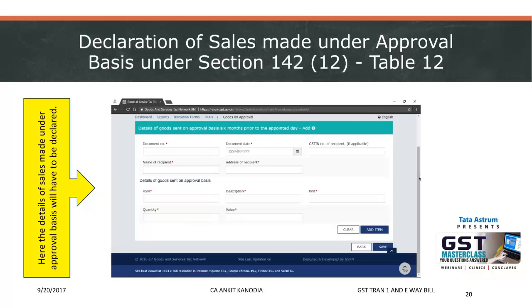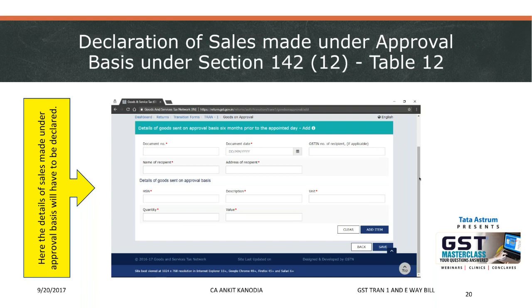Another 2-3 important issues under TRAN 1 which I need to discuss is, suppose you were an SSE who had migrated from the excise regime to the GST regime, and under your migration form, while filling up the details of existing registration, somehow inadvertently you have not filled up your excise registration number.